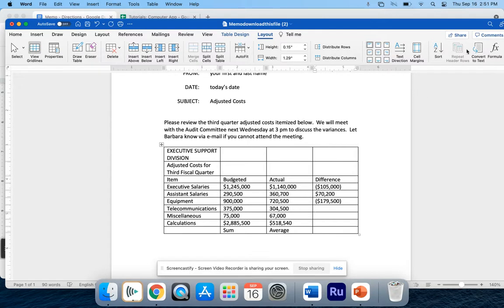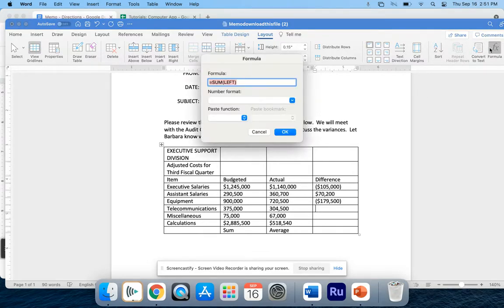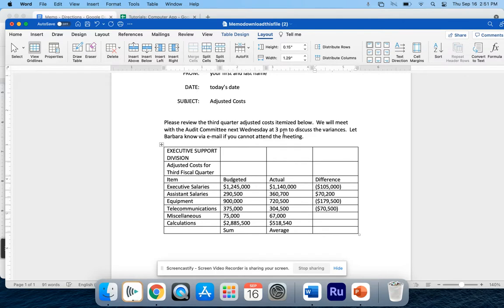Okay, so now you put the formula in, equal, and if you came up with C7 minus B7, you are understanding how to do subtraction. Put it in your dollar format. You know it's going to be negative, so you can adjust your decimal places right there. Click OK, and there you have it.